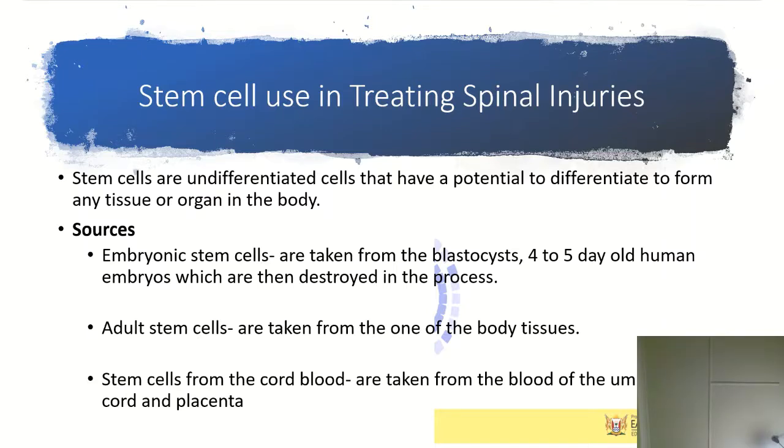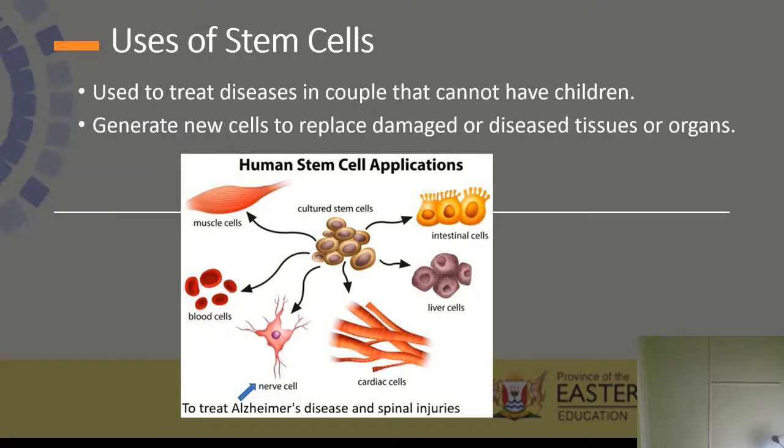So stem cells from the cord blood are taken from the blood of the umbilical cord and the placenta. Stem cells can be used to treat diseases in couples that cannot have children. They can also be used to generate new cells to replace damaged or diseased tissues or organs.